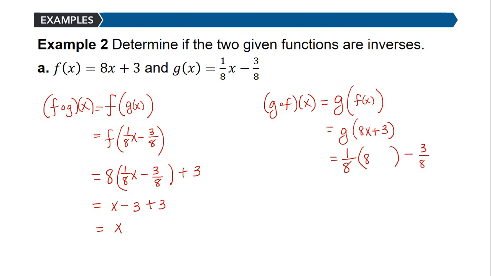So I'm substituting in this 8x plus 3. 1/8 times 8x is just 1x or x. 1/8 times 3 is plus 3/8, then minus 3/8, and this is equal to x. Because both compositions give me x, this means that f and g are inverse functions.